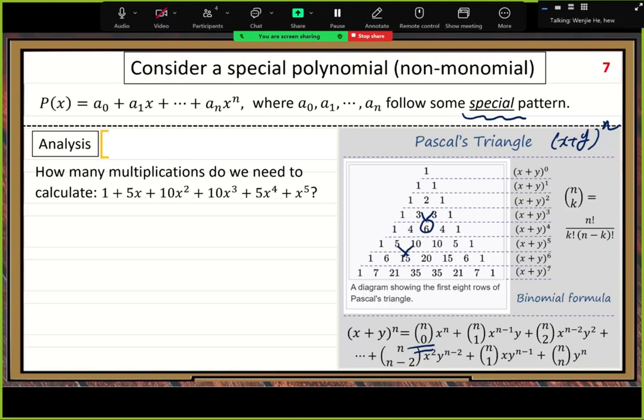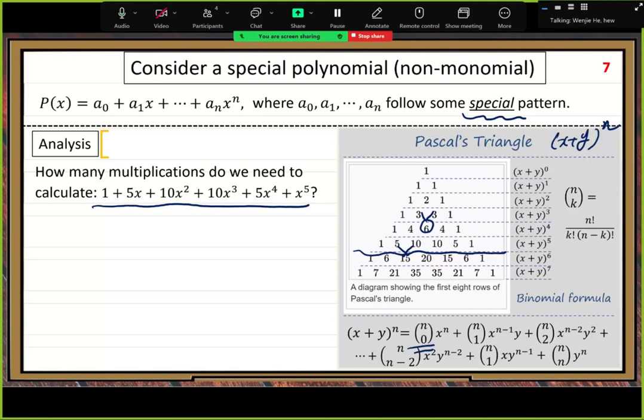So here, Pascal's triangle. Can you use Pascal's triangle to save a little bit on multiplications? Because if you look at the coefficients, the numbers, is it the same as this row? Exactly the same, right?